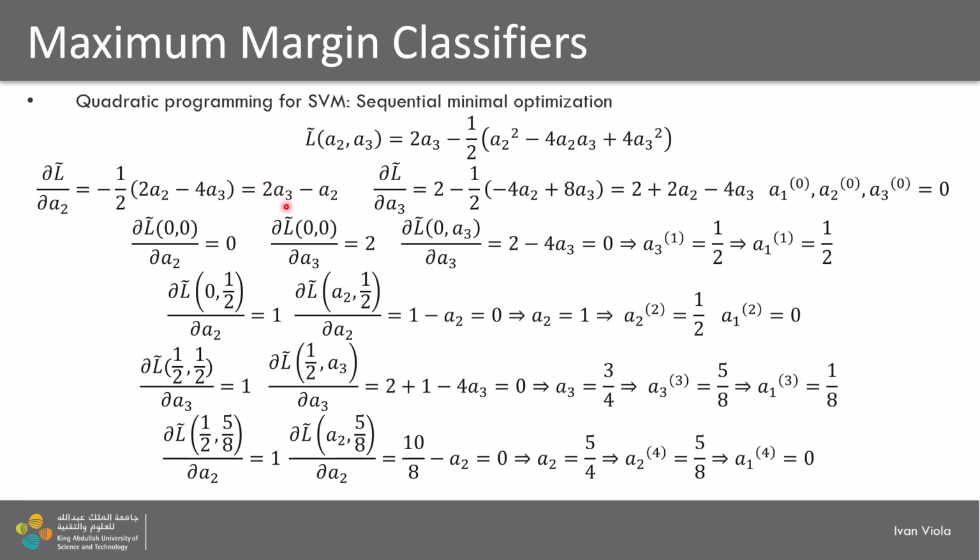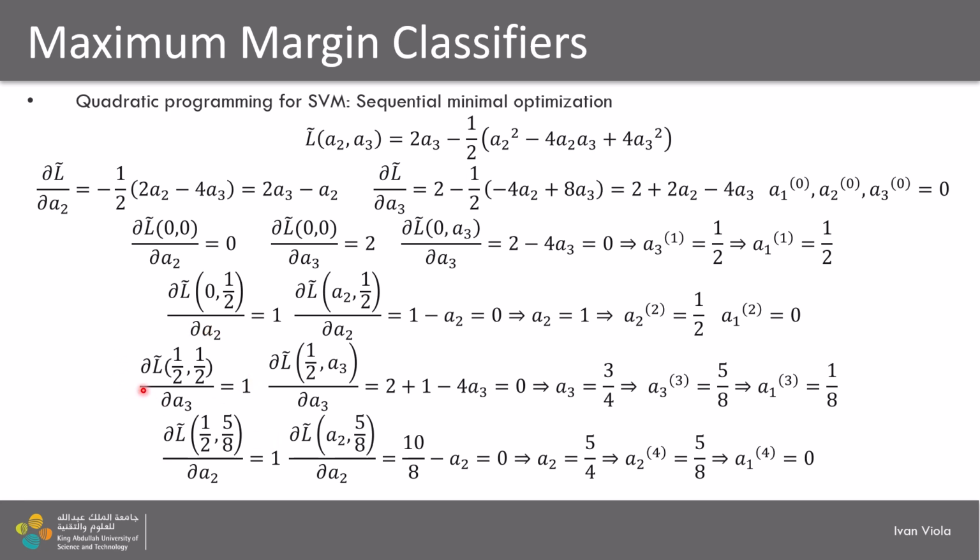So 1 minus A2 is equal to 0, therefore A2 will be 1. However, A2 cannot be bigger than A3, and therefore we will crop it to the value of 1/2, because that's the maximum value it can have, so that it doesn't break any of the rules. A1 stays non-negative, and all the A's are smaller than 5/8.